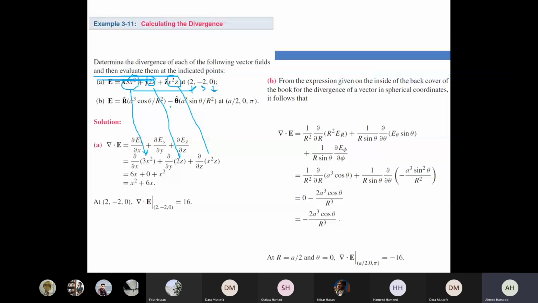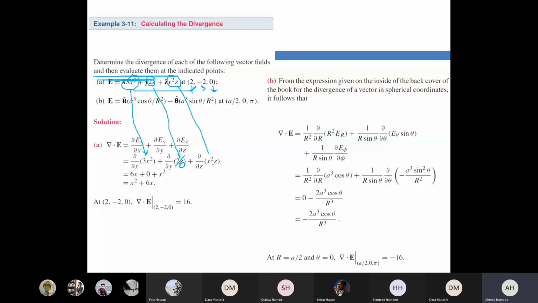Differentiate of 3x squared is equal to 2x multiplying by 3, so 3 multiplying by x equal to 6x. Differentiate based on 2y, we don't have variable of y here, then 0, because it is a constant. Differentiate of any constant is equal to 0.